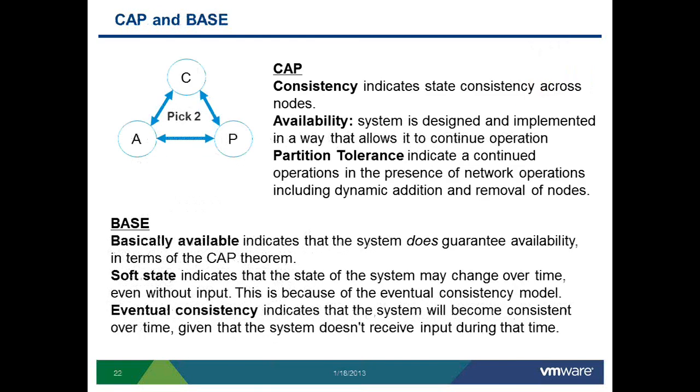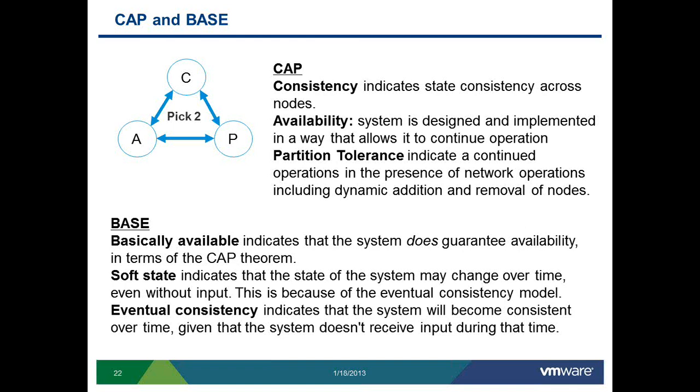The CAP theorem talks about C for consistency, A for availability, and P for partition tolerance. The CAP theorem states that you can pick any two of the three. That means if you pick consistency and availability, then we need to compromise on partition tolerance. If you pick consistency and partition tolerance, we need to compromise on availability, and the same for availability and partition tolerance.